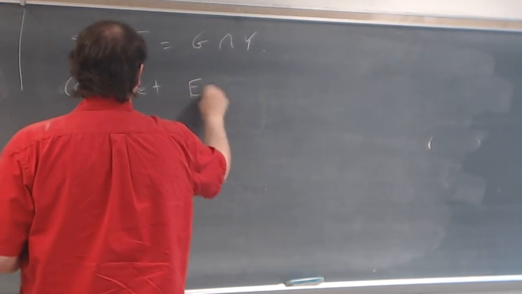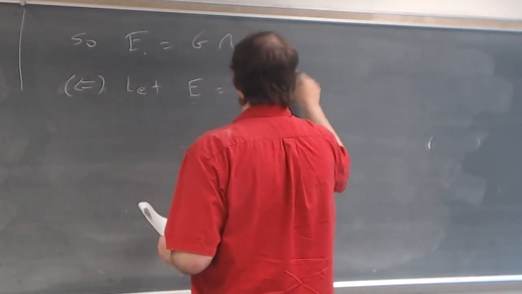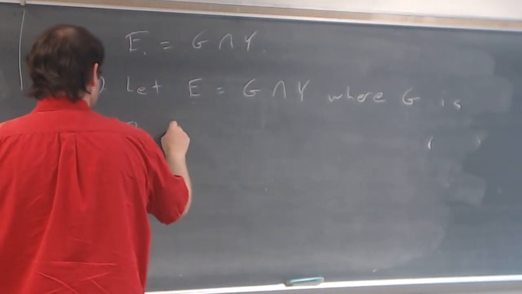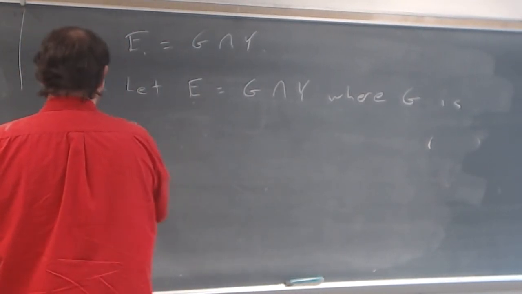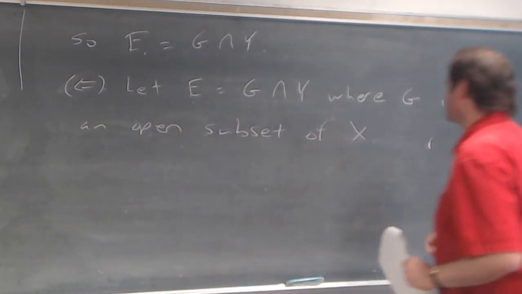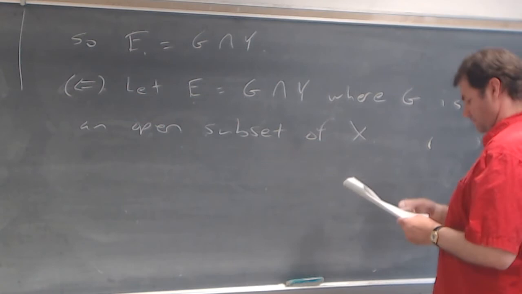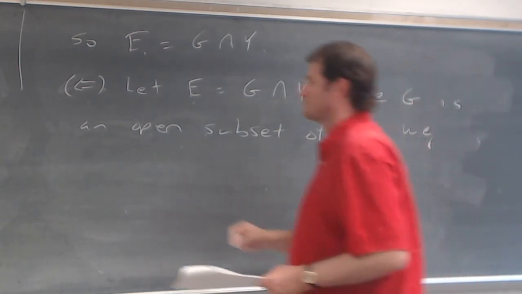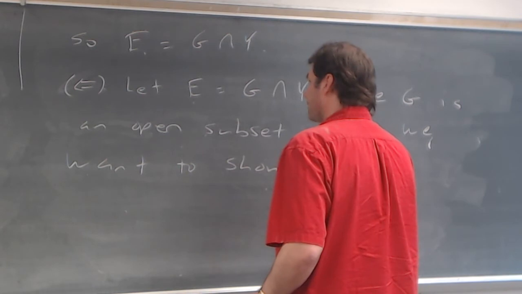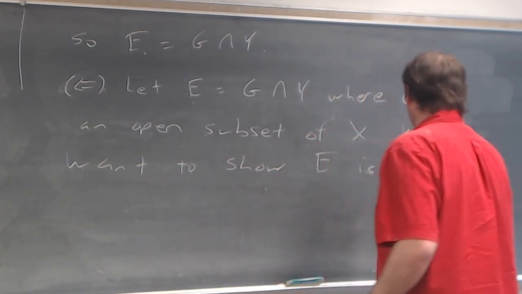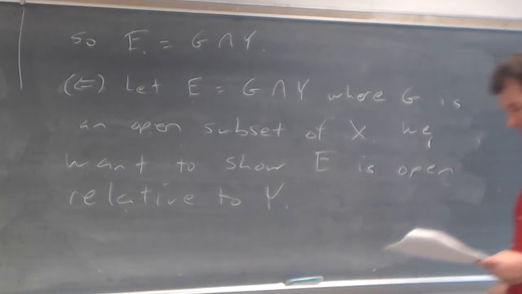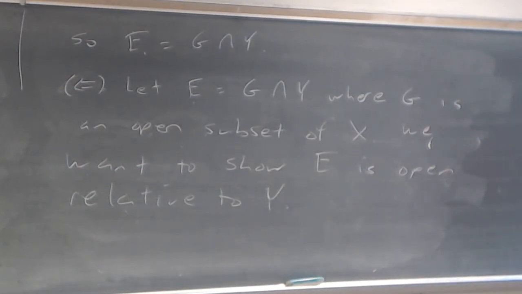So we let E be equal to, let's say, some G intersect Y, where G is an open subset of X. What we want to do is show that E is open relative to Y. So how are we going to do that?